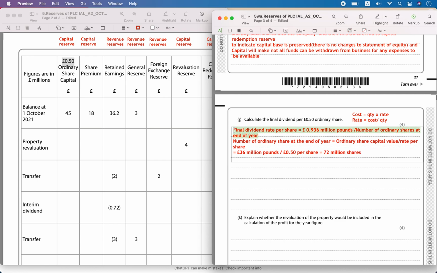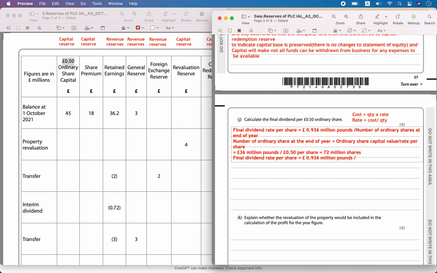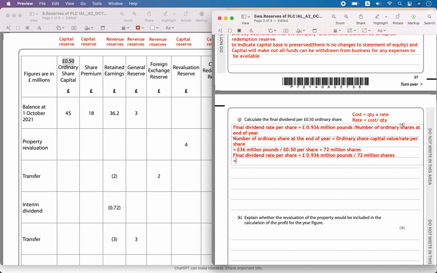So now the final dividend will be equal to this divided by the number of ordinary shares at the end, which is 72 million shares.